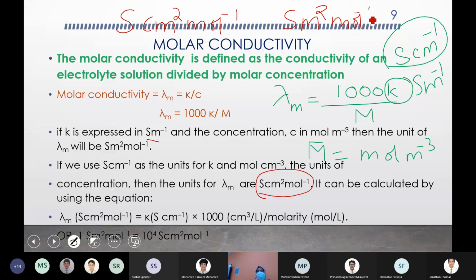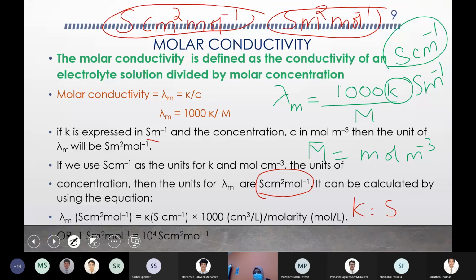So it can be either in centimeters or meters based on the unit you are using for conductivity. In the previous slide, we already said that K can be either Siemen centimeter inverse or Siemen meter inverse. So based on what you take, the molar conductivity unit also varies, based on the question given.